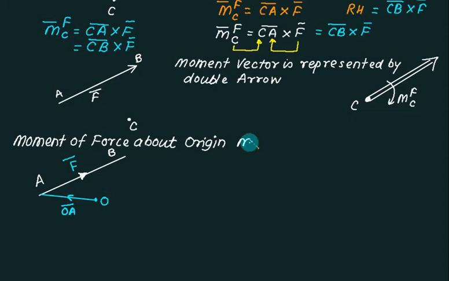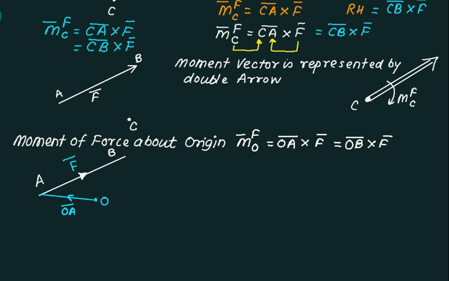The moment of force about the origin is a vector quantity equal to OA cross F bar, or one end point is O, the second is the end point of the force, P cross F bar.